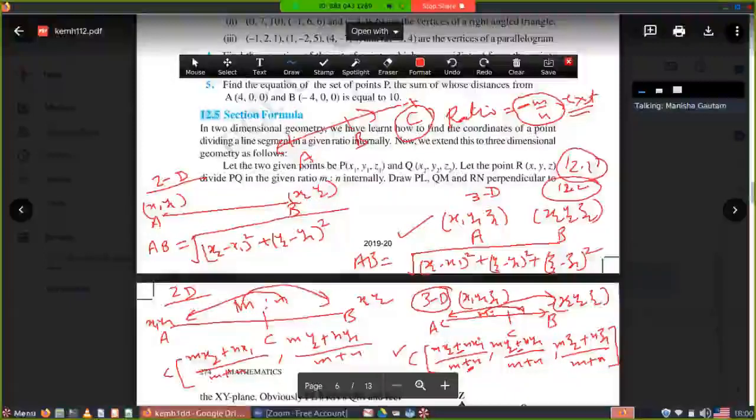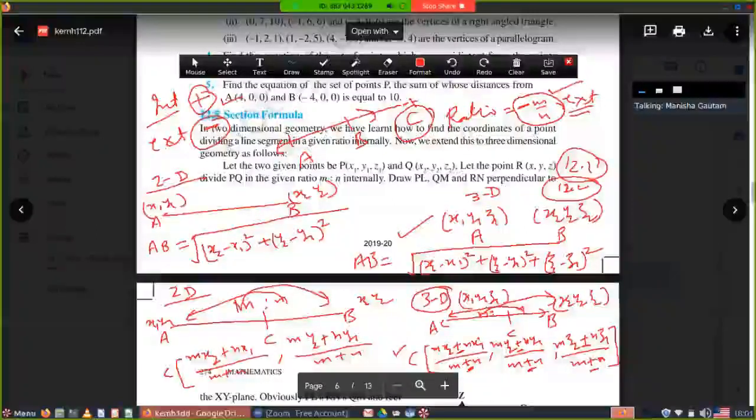At the place of plus, you have to put a positive sign. It means for internal division, you write the positive sign, and for external division, you write the negative sign. A ratio in negative shows that the point divides the line segment externally, and a positive sign shows that the point divides the line segment internally.